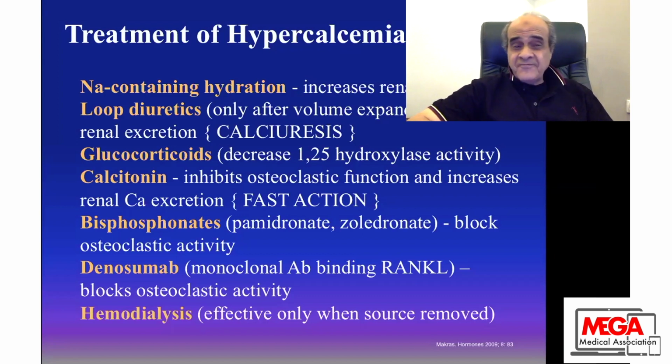Calcitonin effect actually is rapid, inhibits osteoclastic function and increases renal calcium excretion. It is a fast action. Bisphosphonates take time to act, such as pamidronate, ibandronate and zoledronate, and act through RANKL osteoclastic activity. Denosumab, a monoclonal antibody, binds to RANKL and blocks osteoclastic activity. Hemodialysis is effective only when the source is removed.